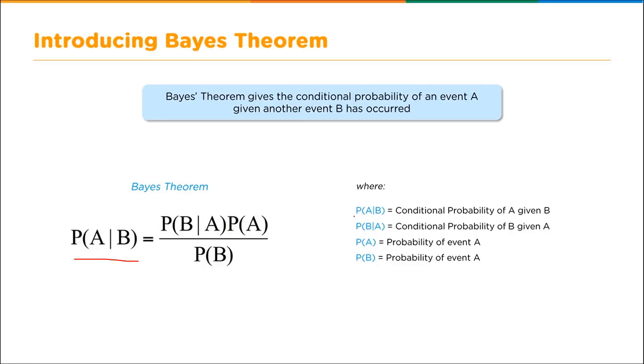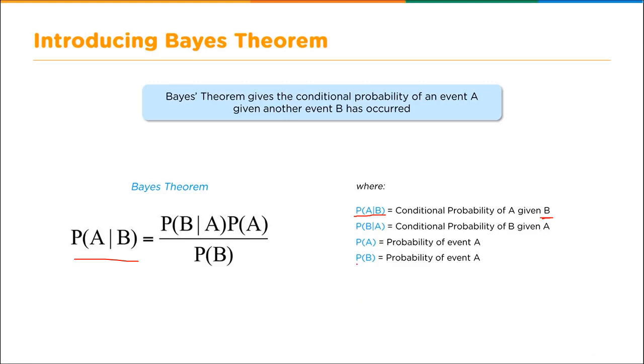The probability of A given B is the conditional probability of A given B, where B is the event which has already happened. Then there is the probability of event A, and the probability of B given A, which is the conditional probability of B given that A has already occurred.